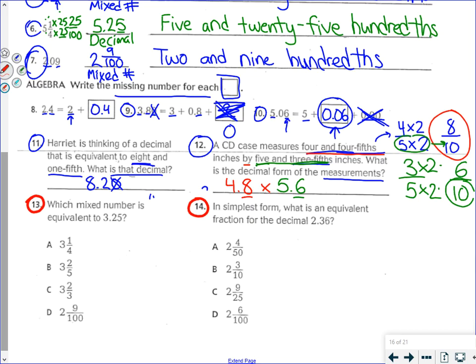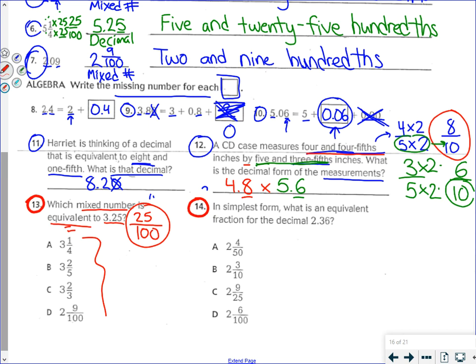Which mixed number is equal to 3.25? So we have 25 hundredths. What could this reduce to? I don't see 25 hundredths out of our options.